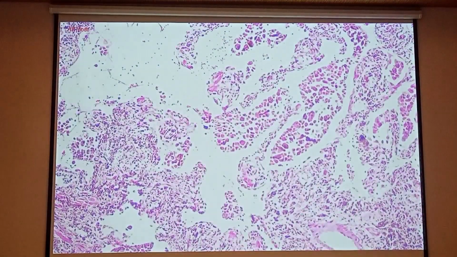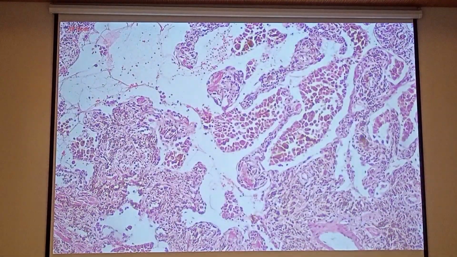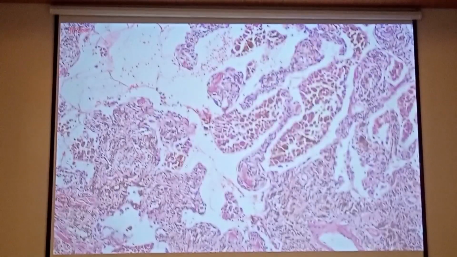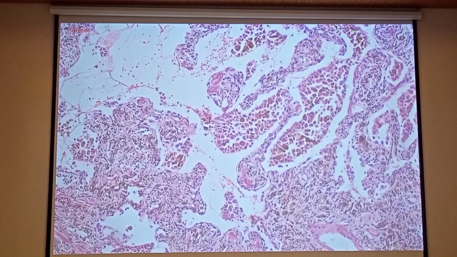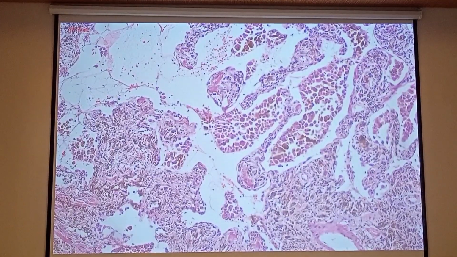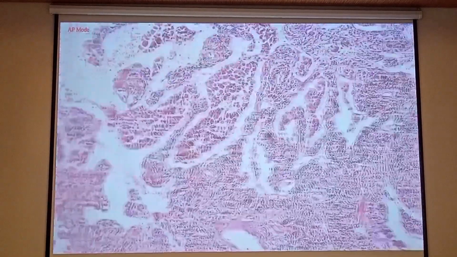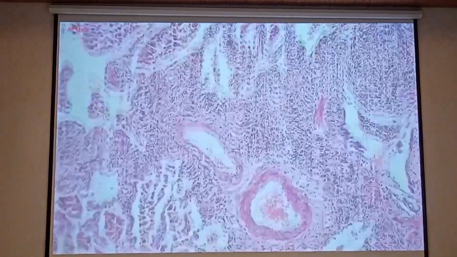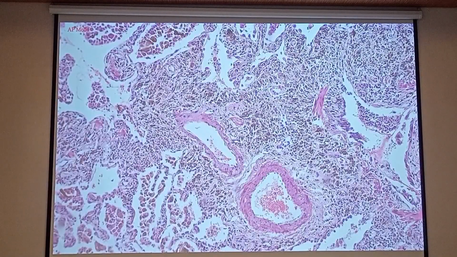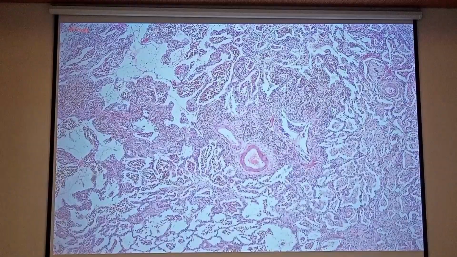Anyway, so those things can result in this configuration. Look at this cotton buds right here. It has branching. So that's your asbestos body. So that's the tissue destruction. Look at this part right here.